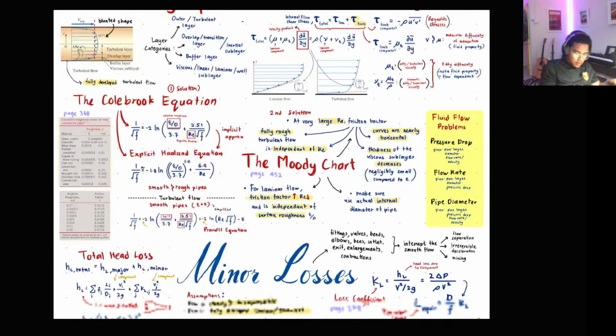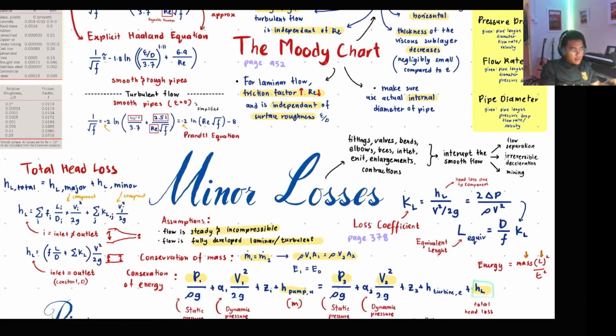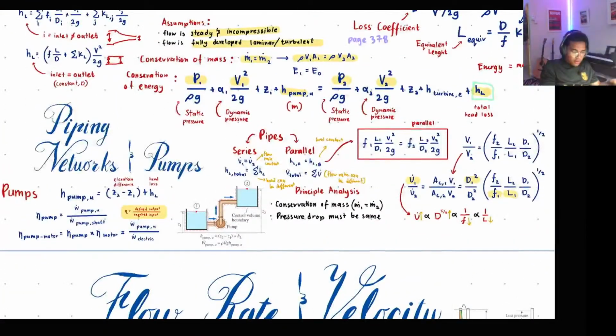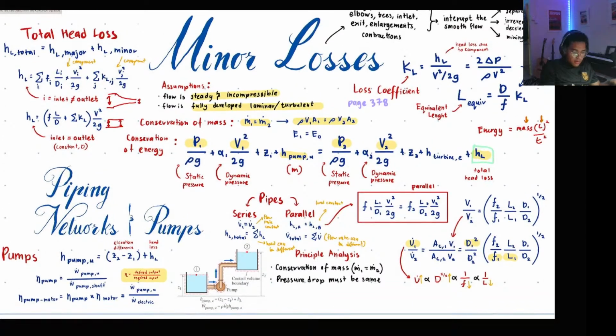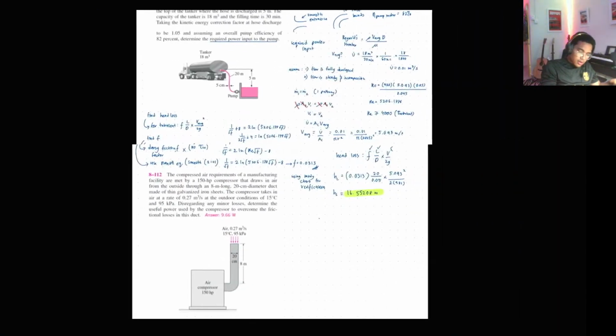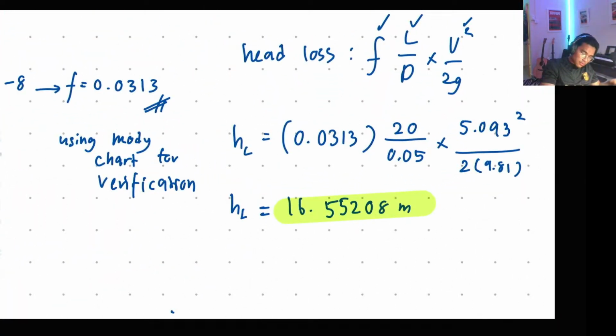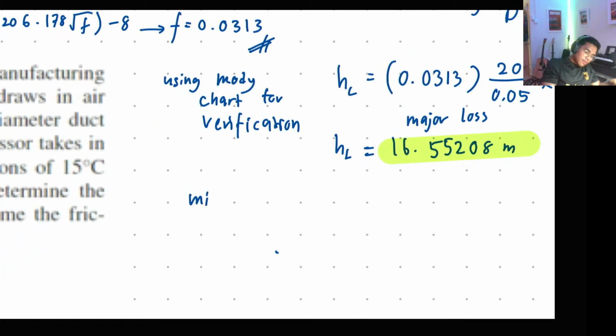Okay, since it says there are minor losses, we need to add the minor losses. So this is what we call the major loss. Now we need to calculate the minor loss.